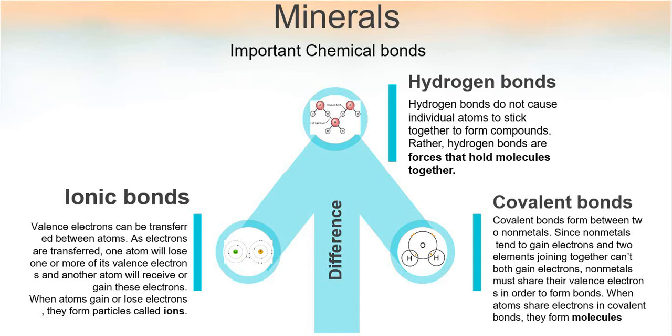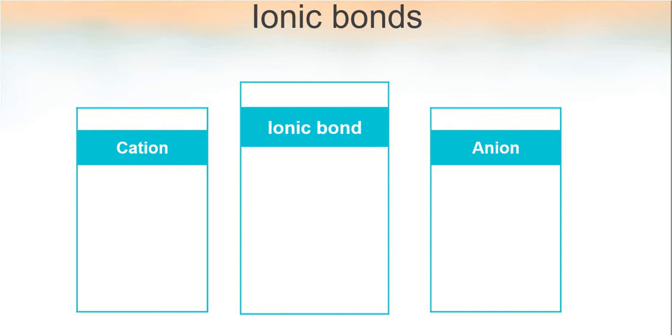When you look at the periodic table of elements, our elements are divided into categories: non-metals, metals, noble gases, and so on. So check your periodic table of elements.